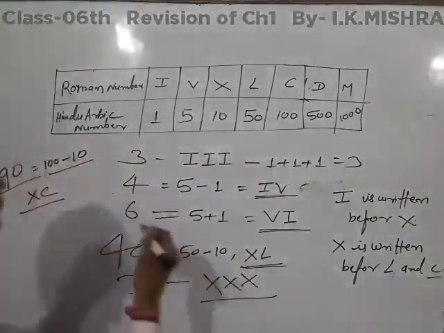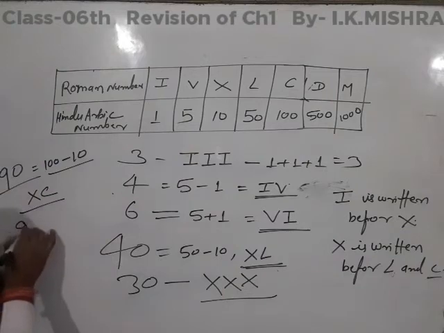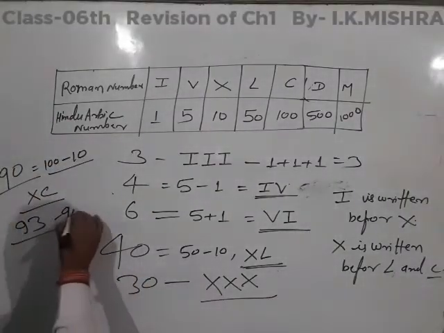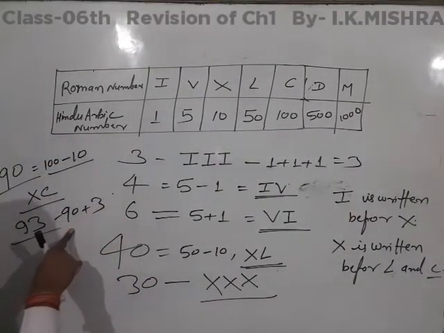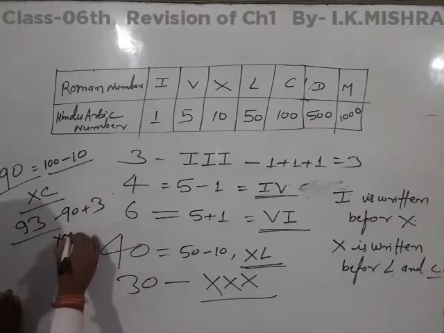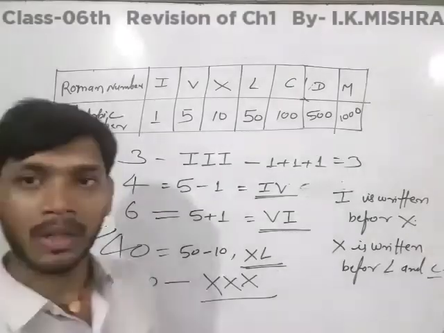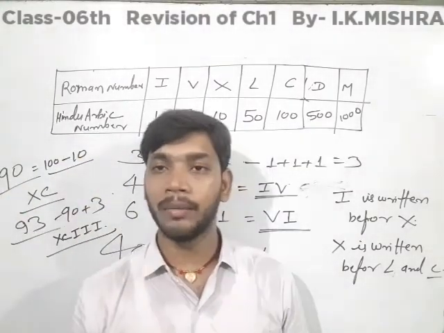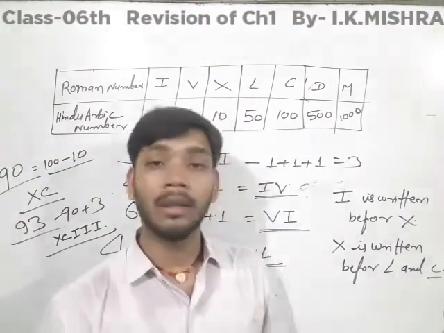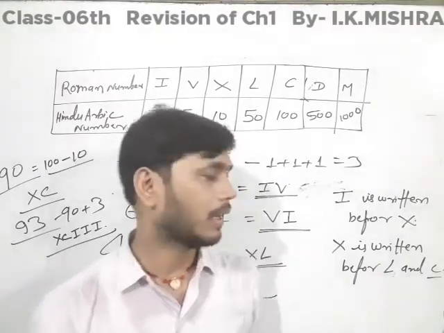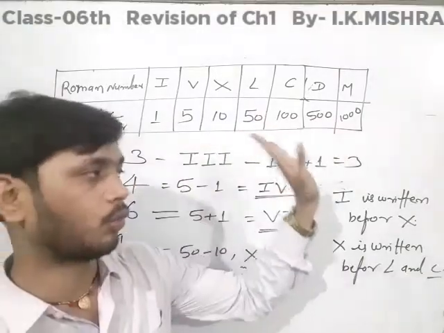Suppose you have to write 93. That means 90 plus 3, so you write 90, XC, and then III. Clear, students? Similarly, you can write 400, 600, 900, using the rule.